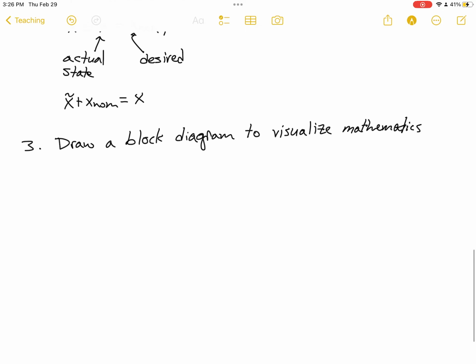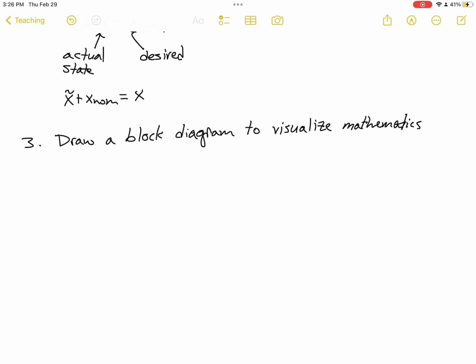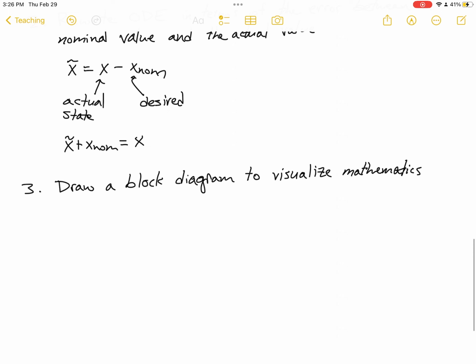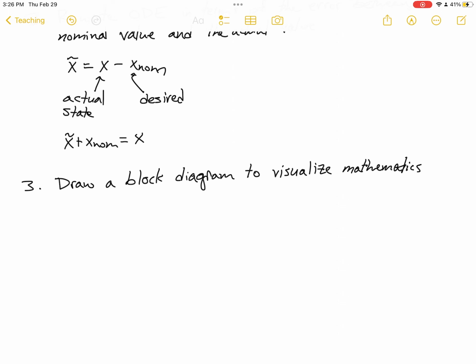And a block diagram is a tool that we use, like it says, to visualize mathematics, particularly when we start to use the error, the difference between some desired value and some actual output.